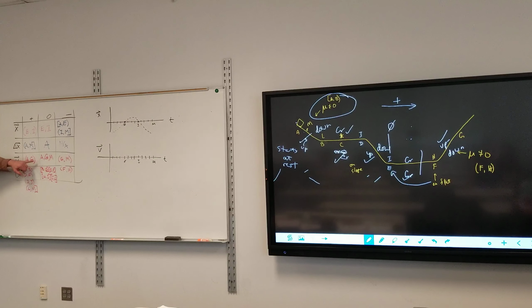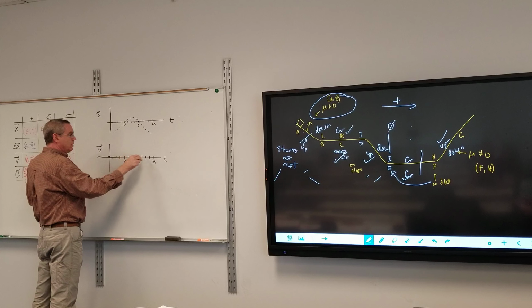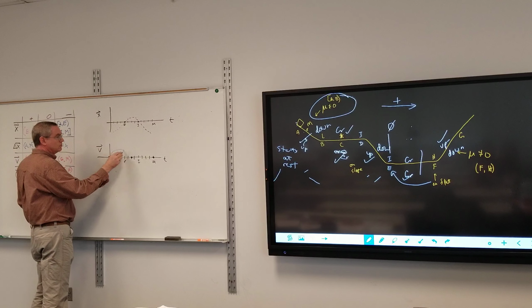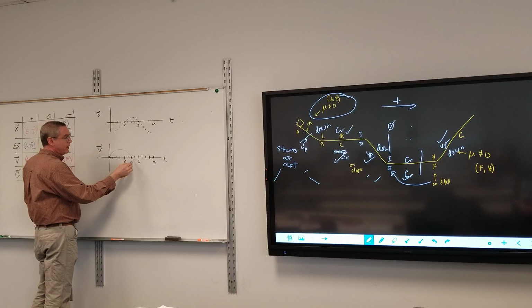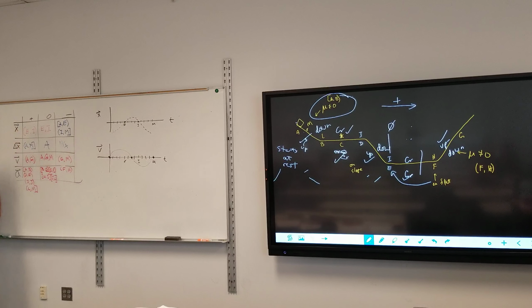My velocity starts out at 0 at A, G, and M. So A, G, and M. It is positive between A and G, and negative between G and M. And again, I'm trying to do it lightly because it's going to get changed some. Looks like a graph for sine. Pardon? Looks like a graph for sine. It does. It will look less like a sine when we're done.